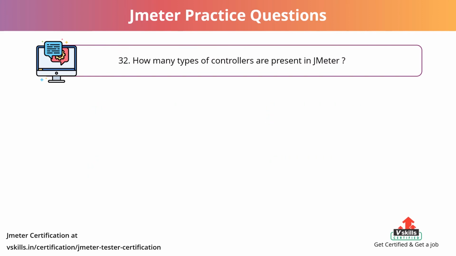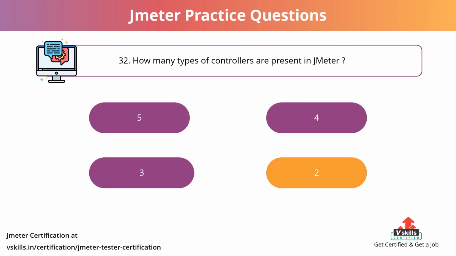How many types of controllers are present in JMeter? The options are A, 5, B, 4, C, 3, D, 2. The correct answer is option D.